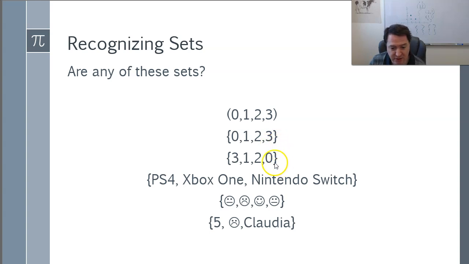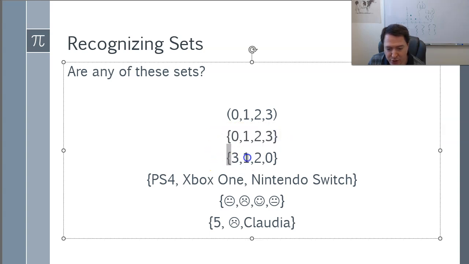That's a set. This third one, 3, 1, 2, 0, is inside the curly braces again. Okay, so that's good. I don't have anything listed more than once. The only reason I have this listed again is that I want you to realize that this 0, 1, 2, 3 and this 3, 1, 2, 0 are the same set because they have the same stuff in it.